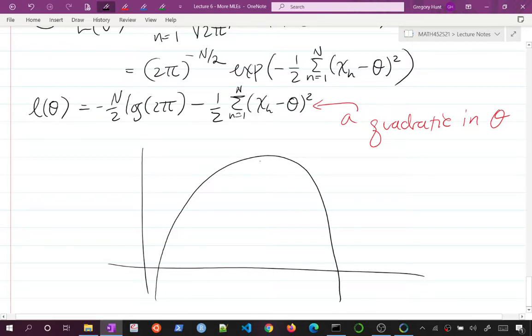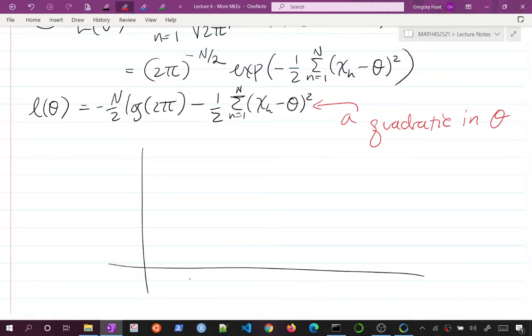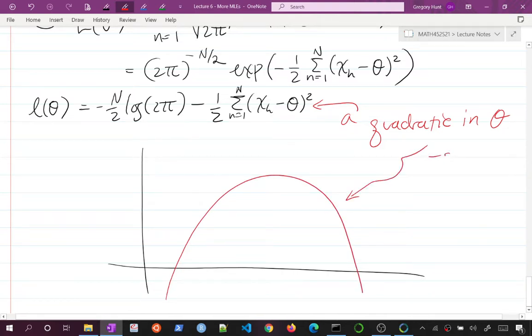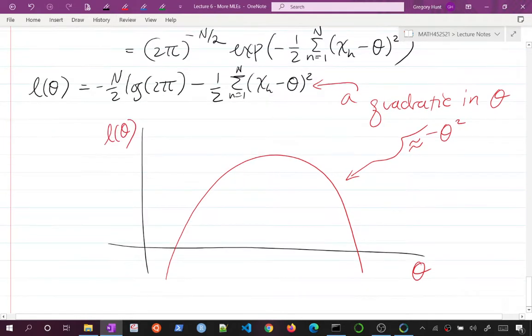And so it would look something like this, right? It's going to look like negative x squared, except in this case it's theta, so it's something like negative theta squared, plus some other stuff, but it doesn't really matter. This is a plot of the log likelihood of theta against theta. So it's basically this quadratic.